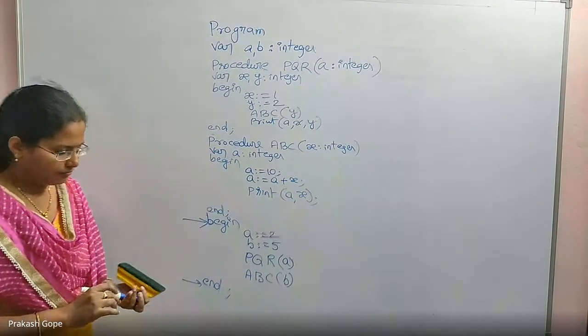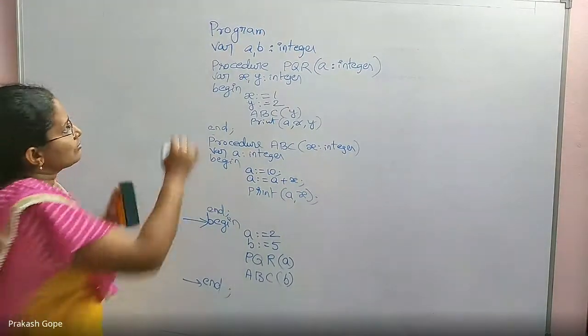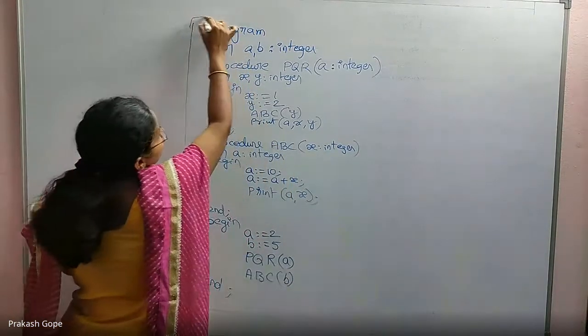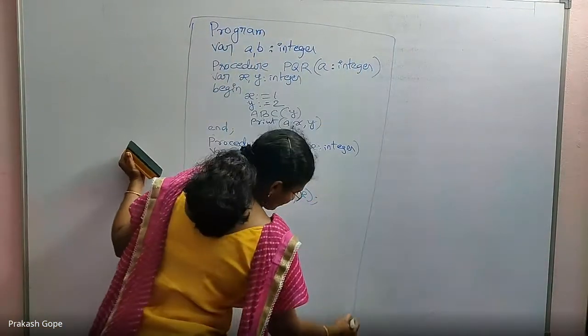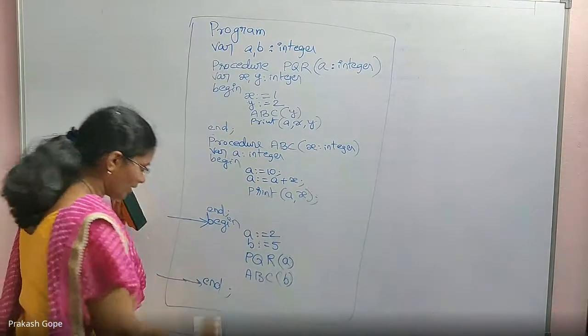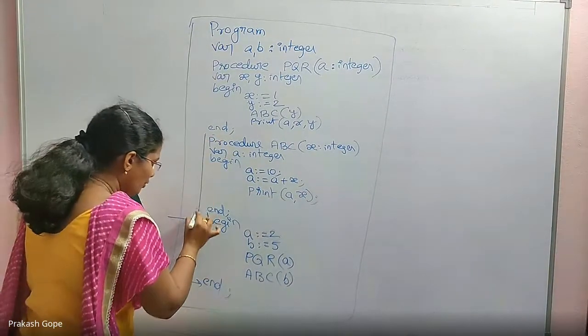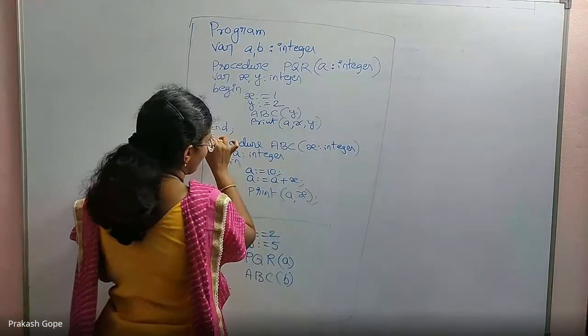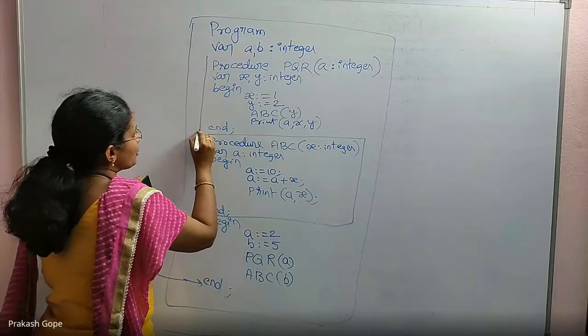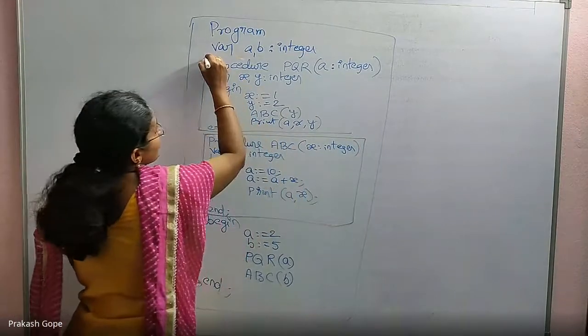That's all. Now, this is the actual program. The actual execution starts here and ends here. But this is a procedure, so it's a block. And this is one more procedure, so this is a different block.